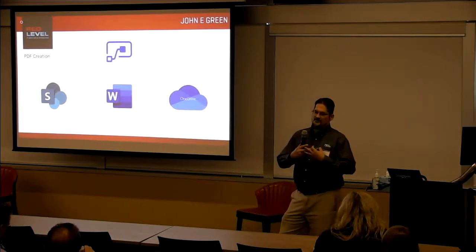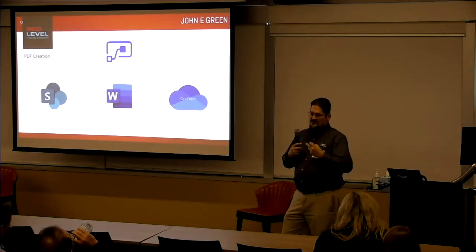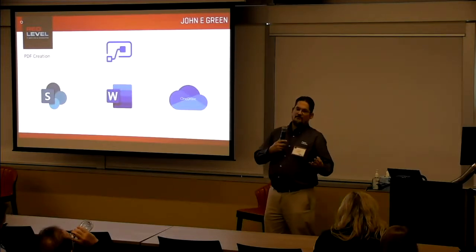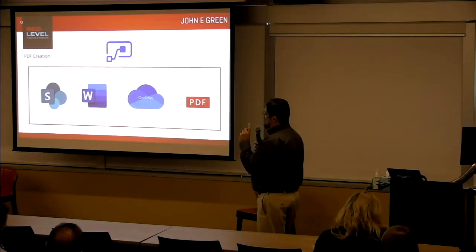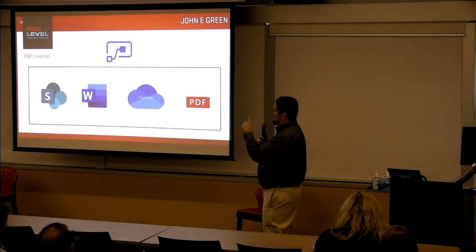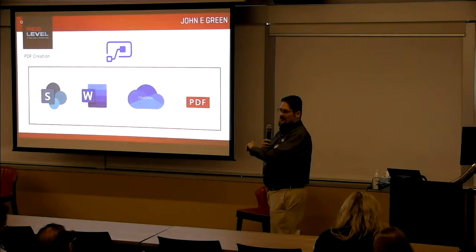With Word documents, you can create a template that has properties in it that you can populate with data from SharePoint. And then we used OneDrive as well. So while Flow didn't offer an actual way of creating a PDF from a document, OneDrive did. There was a method in OneDrive.